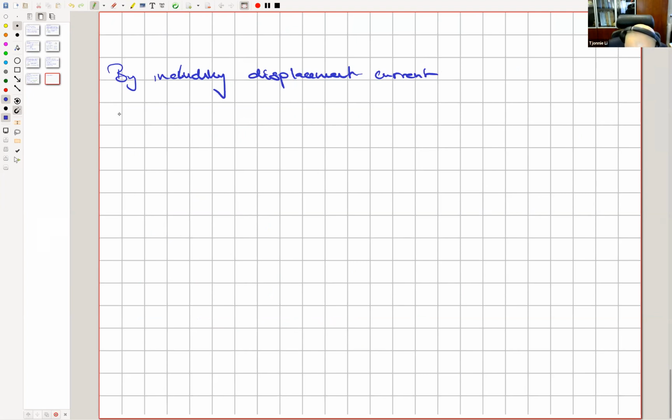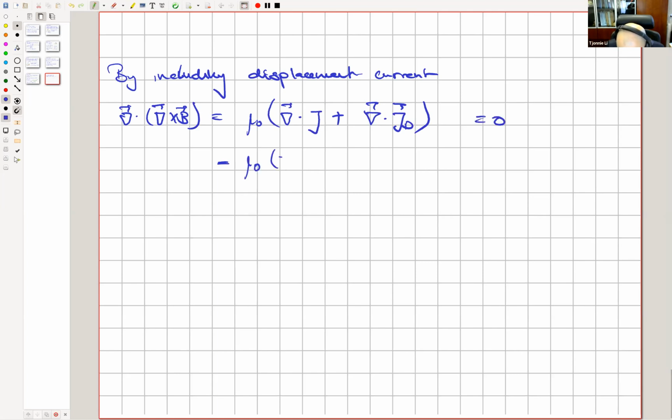I get that the divergence of the curl of B, which we know equals 0, is mu naught times the divergence of J plus the divergence of JD, the displacement current, equals 0.